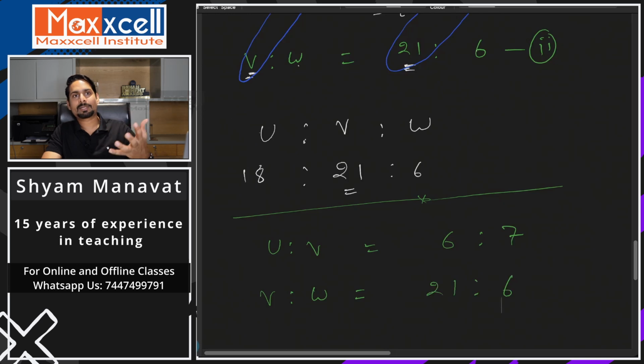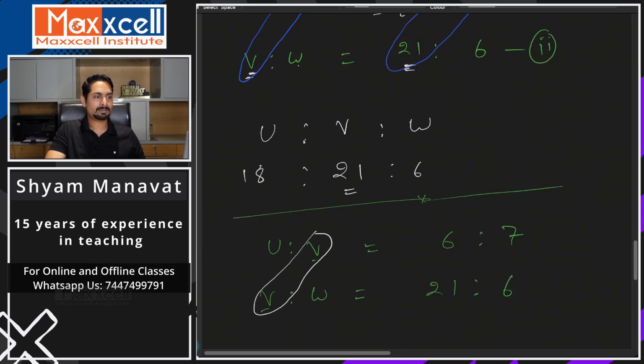Now scaling property means what? You scale up, you increase, but by scaling up you should make the same variable represent the same value. Here V is common. V here represents 7, and in the second equation it represents 21. How can I make them equal?